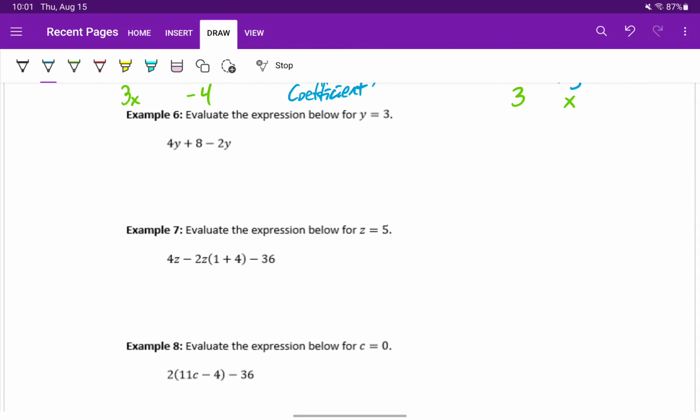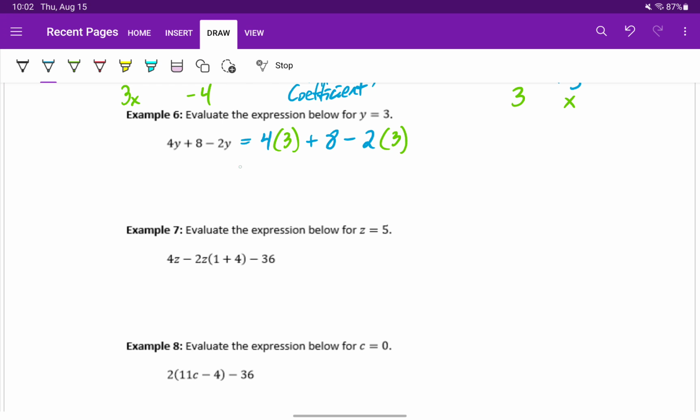Now what we want to do is look at evaluating algebraic expressions for a given value. In example 6, we have 4y plus 8 minus 2y. What we want to do is rewrite this expression, and everywhere that variable y occurs, replace it with the value we've been given. So this will become 4 times 3 plus 8 minus 2 times 3.